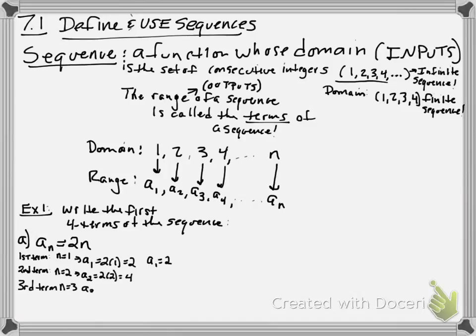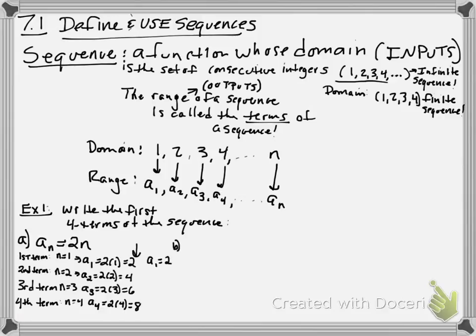That would be a sub 3 equals 2 times 3, or the term 6. And let's end with the fourth term of the sequence. That would be when n equals 4. That would be a sub 4 for the fourth term, and that would be equal to 2 times the input 4 for an output of 8. Those would be the first four terms right here, 2, 4, 6, and 8. In other words, the evens there.